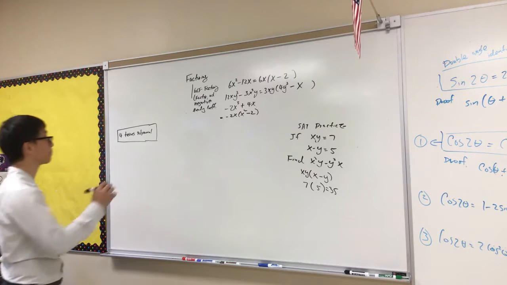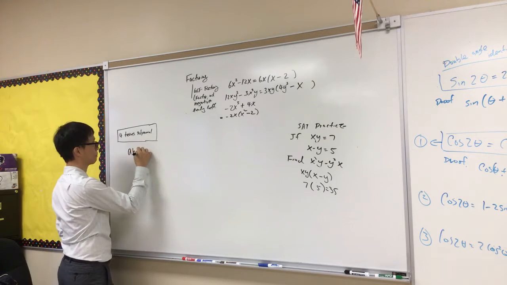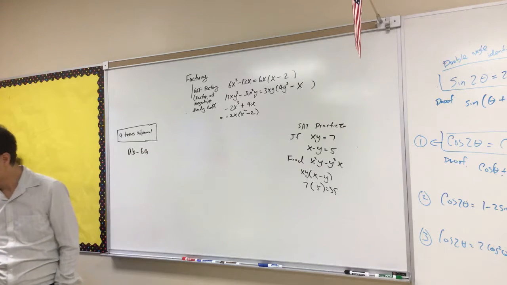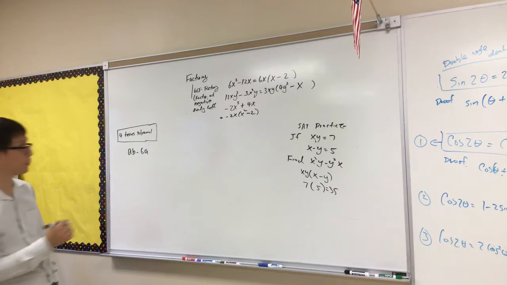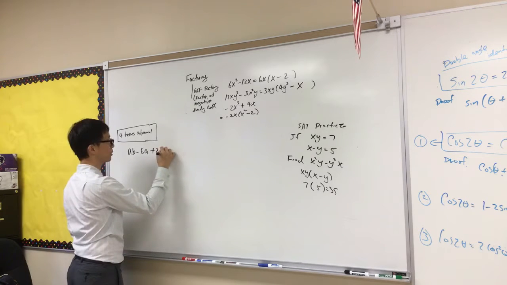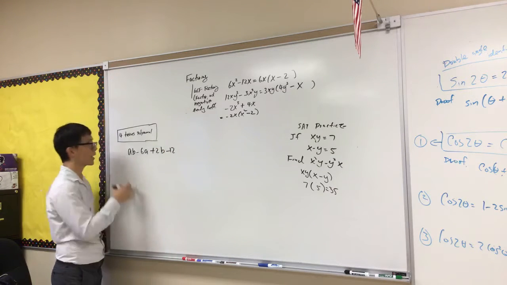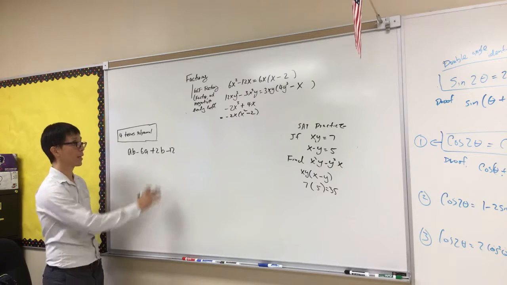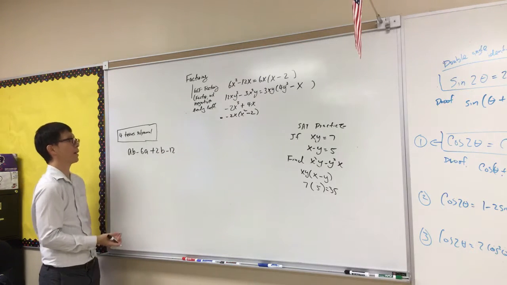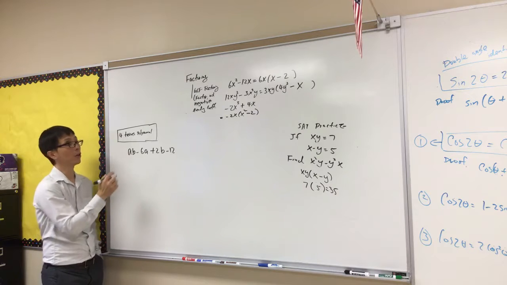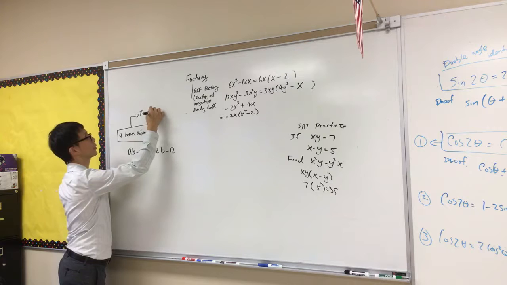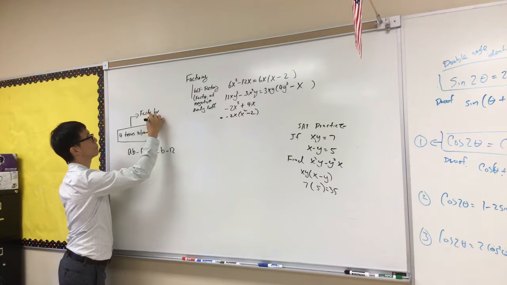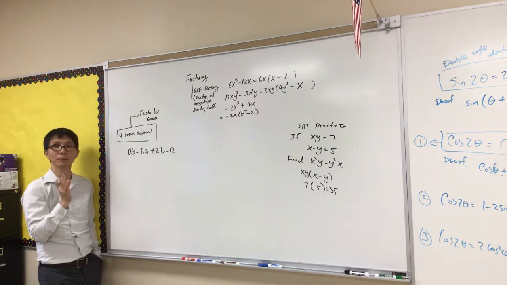ab minus 6a plus 2b minus 12. And you say, hey, can I factor this? Yeah, of course you can. This is a 4-term polynomial, so usually that means factor by grouping.